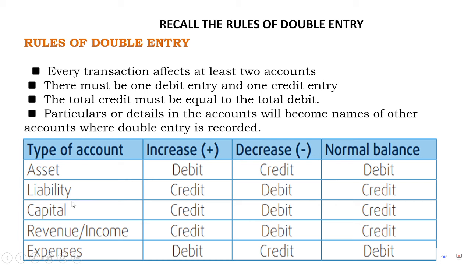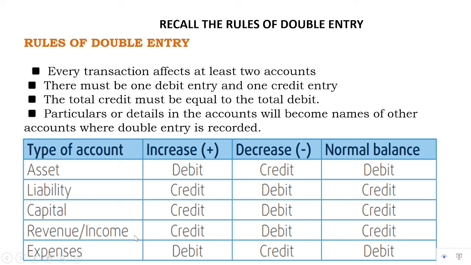For capital accounts, when increasing capital, you have to credit. Decreasing capital, you have to debit the capital account. Then the balance will come on the credit side, which means capital accounts will have a credit balance. The credit side will always exceed the debit side for this type of account.